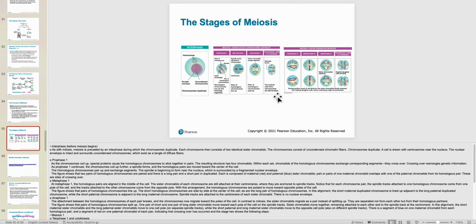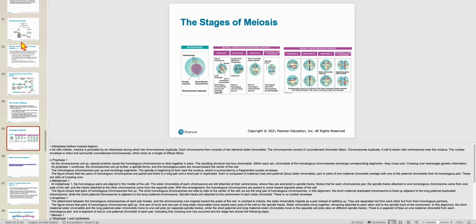So there is a piece of the chromosomes that have exchanged places. And if you look carefully in this picture, you see the same thing. There's a blue with a piece of red, and there's a red with a piece of blue. This is what allows for genetic diversity.